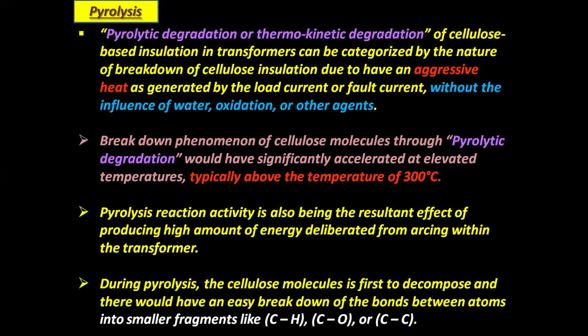pyrolysis. Pyrolytic degradation or thermokinetic degradation of cellulose-based insulation in transformers can be categorized by the nature of breakdown of cellulose insulation due to aggressive heat generated by the load current or fault current, without the influence of water, oxidation or other agents.